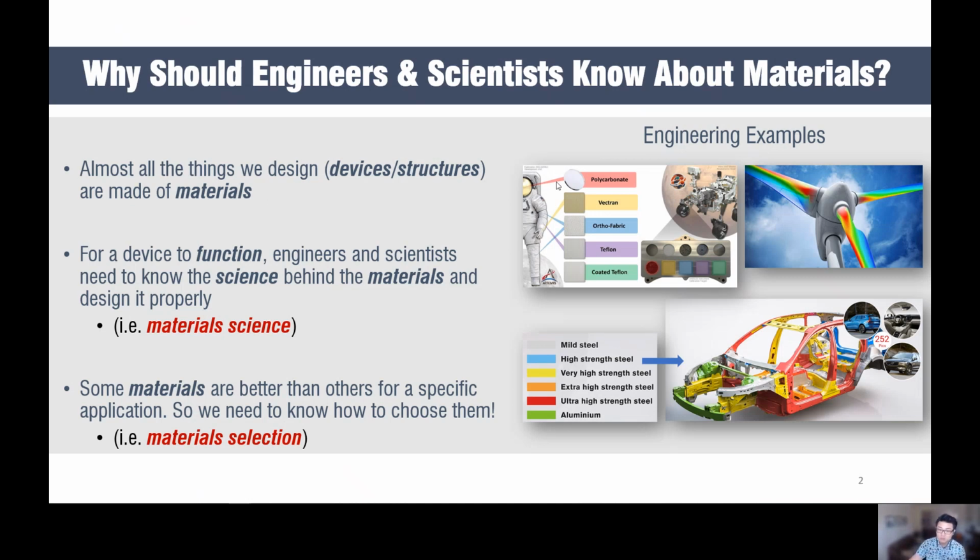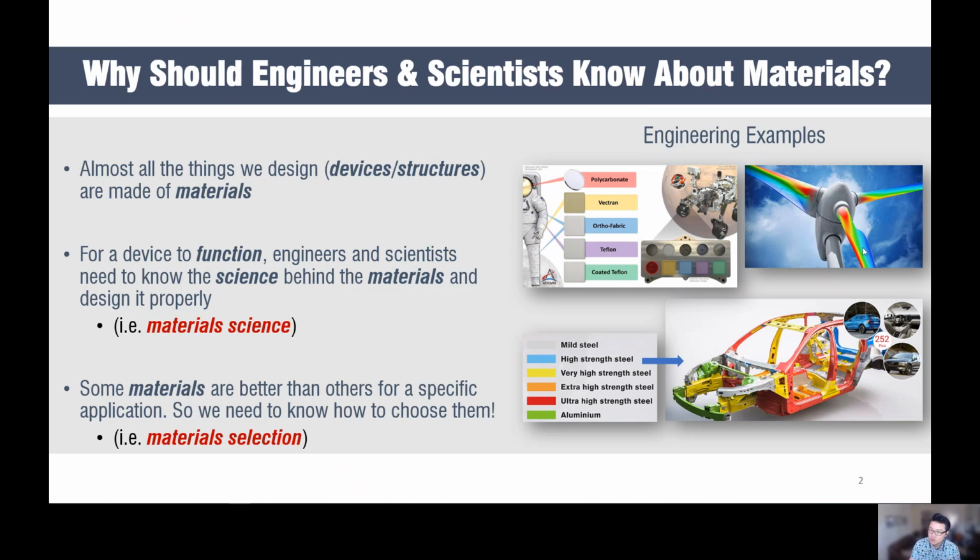So maybe the shield area needs to be optically transparent, but also needs to be able to withstand the pressure differential in outer space. So what kind of polymer or what kind of glass would be good for this kind of material? And then, well, for areas where you don't need optical transparency, maybe you can use other types of materials that are more flexible, but still withstand that pressure differential.